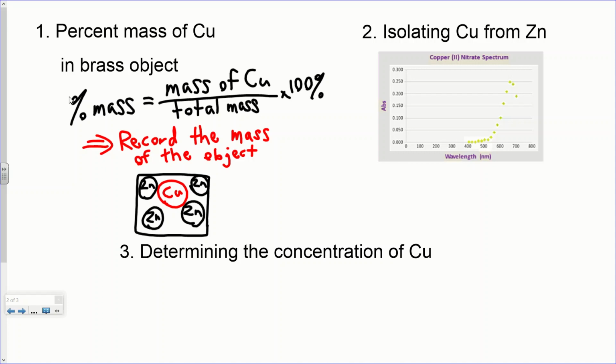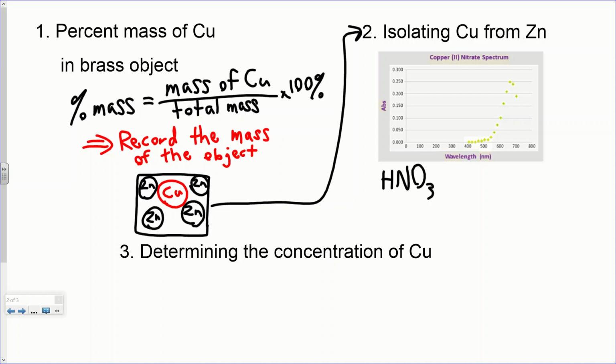So what we're going to do instead of measuring the mass of the copper in the brass object, we're going to have to figure out a way of isolating the copper from the zinc. Now the way we're going to do that is using nitric acid, HNO3.